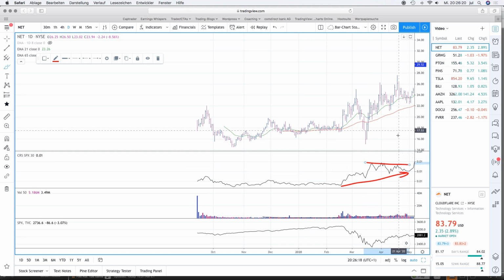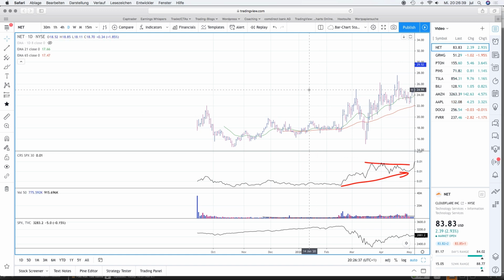So this is the first thing, and it's still upward. And so the RS line is never a reason to sell a stock. You should always sell a stock out of technical reasons. And the RS line is only giving you feedback about the performance or outperformance of a stock.